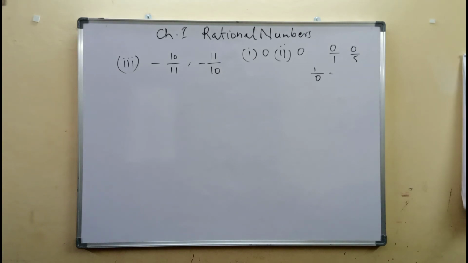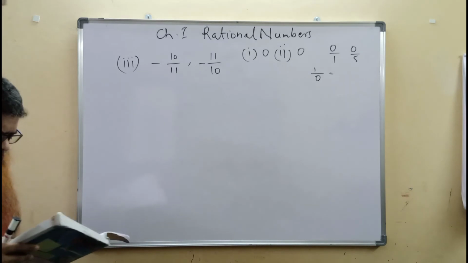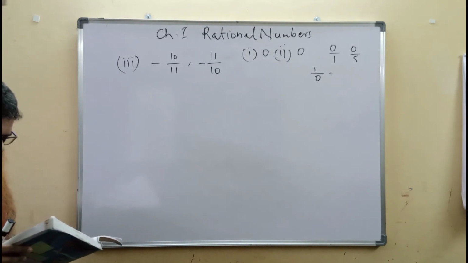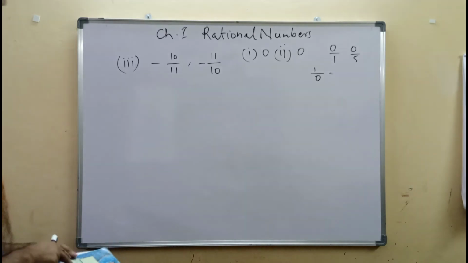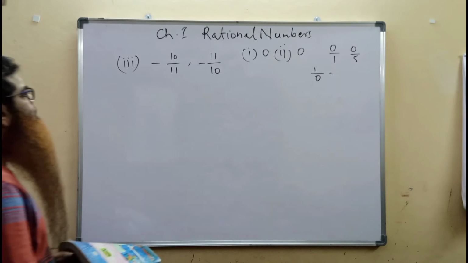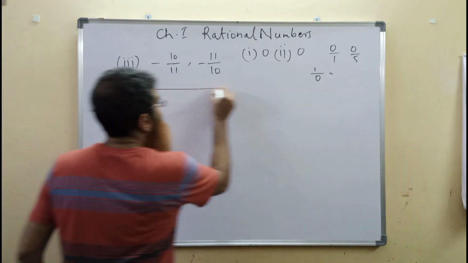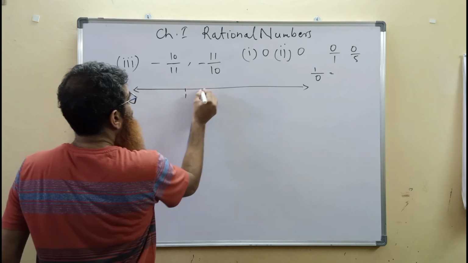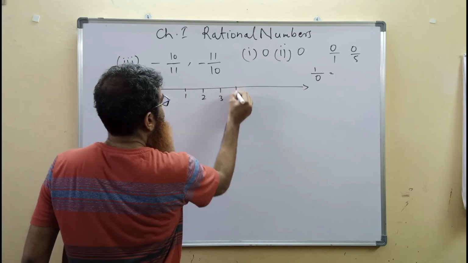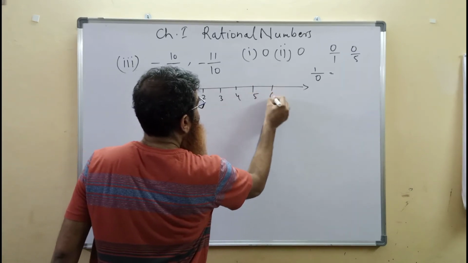Now, getting across to 1.4 topic, representation of rational numbers on number line. Gayatri drew a number line and labeled some numbers on it, 1 to 6. Here, the number line: 1, 2, 3, 4, 5, and 6.